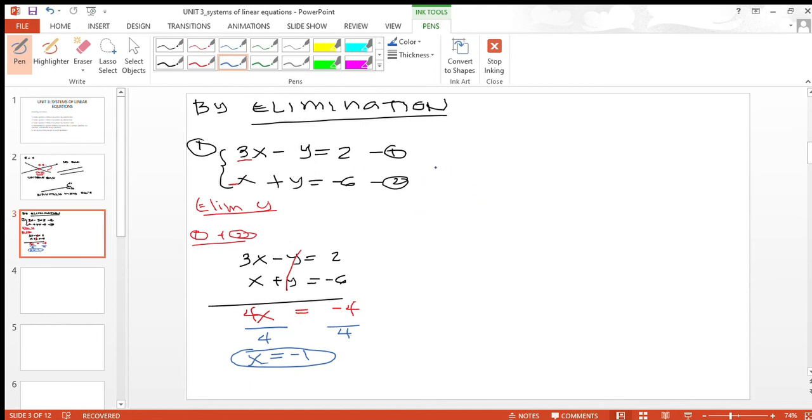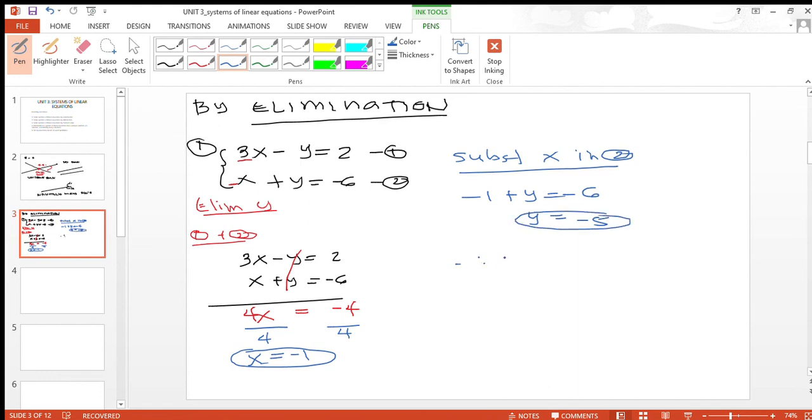So let's say we can substitute variable x in, I think it's easier to substitute this in equation 2. This will now yield minus 1 plus y equals minus 6. Then solving for y, transposing minus 1 becomes positive 1, so minus 6 plus 1 will be minus 5.